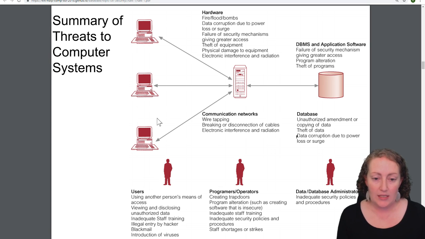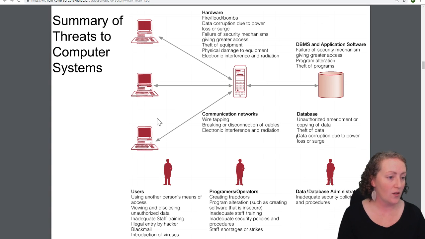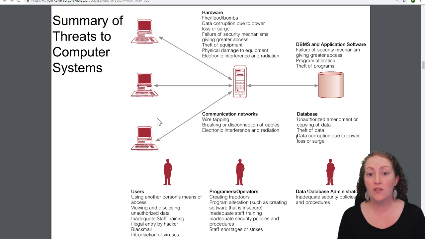So some of the threats that can occur, there's a lot of information on this slide, so let's go through it in a clockwise order. Some of the threats can relate to hardware. As it says there, fire, flood, bombs, all those kinds of things we need to think about. When you hear database security, you might just think of the database and the DBMS and how you're going to secure that.